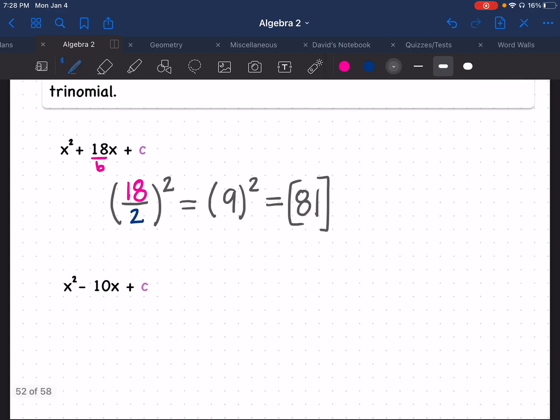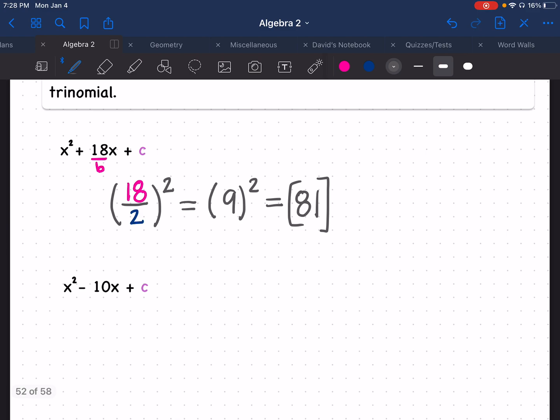All right, let's go ahead and take a look at this one. X squared minus 10x plus c. So here is my b term. And I'm going to make sure that I know that it is a negative. And so I'm going to say negative 10 divided by 2. And I'm going to take that whole fraction and I'm going to square it.